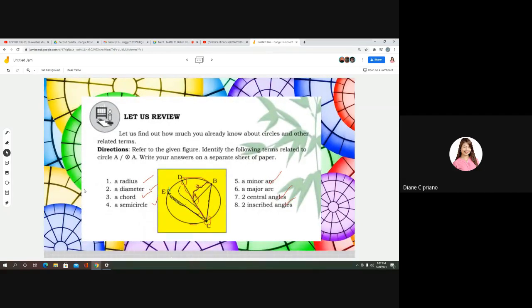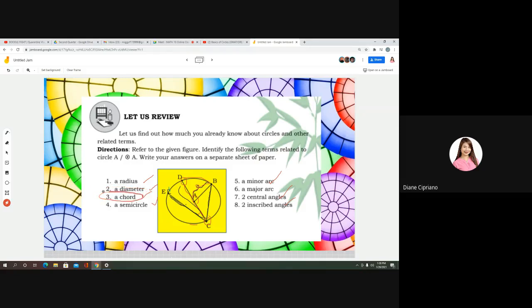Okay. So, for the diameter, it is the combination of two radii that touch the central point. We can also call it a chord, but it is a special chord because it touches the central point and it is the longest chord.